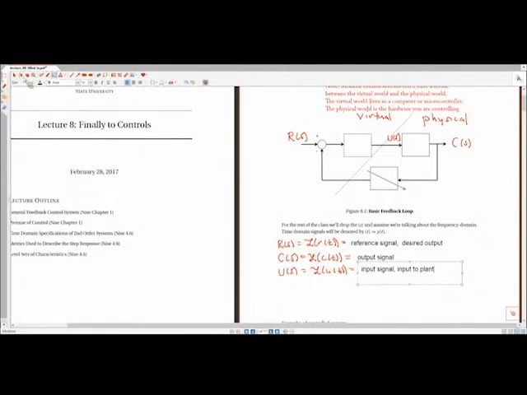Okay, so I think all of these signals, I hope, make some sense to you. The one that we're going to introduce now, we'll use often, but it's not as obvious. And so this signal is called the error signal. And it's right here.